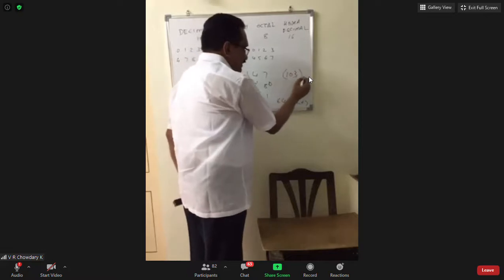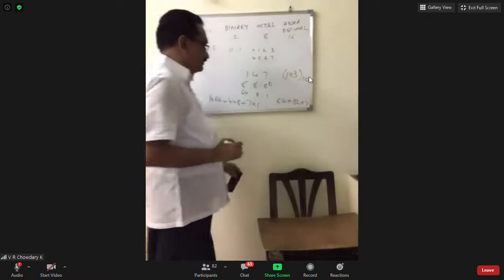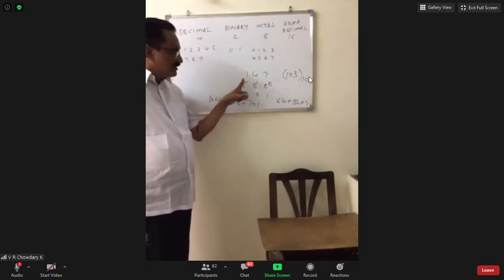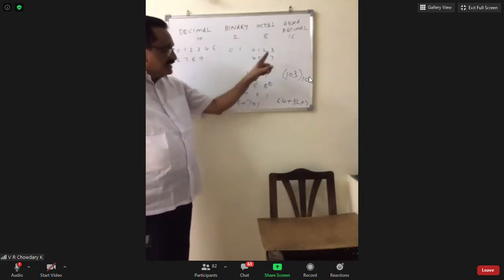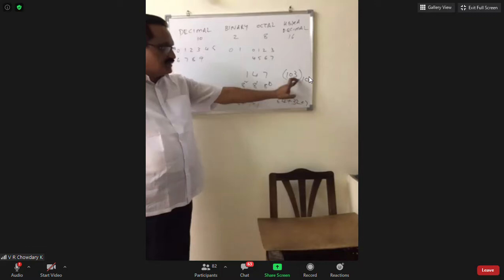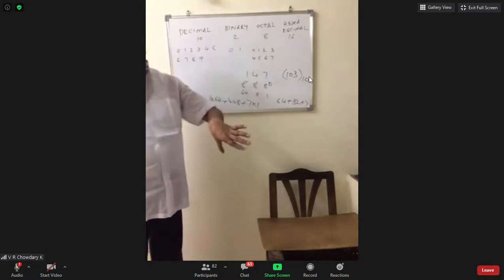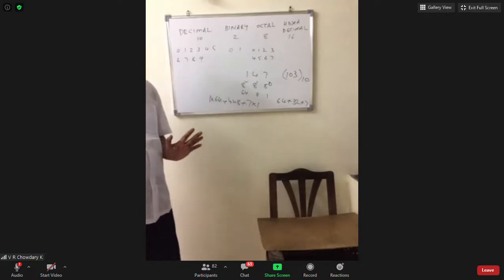So that is the decimal equivalent. That means for the octal number 147, the equivalent decimal number is 103. So this is the procedure to convert an octal number into a decimal number.